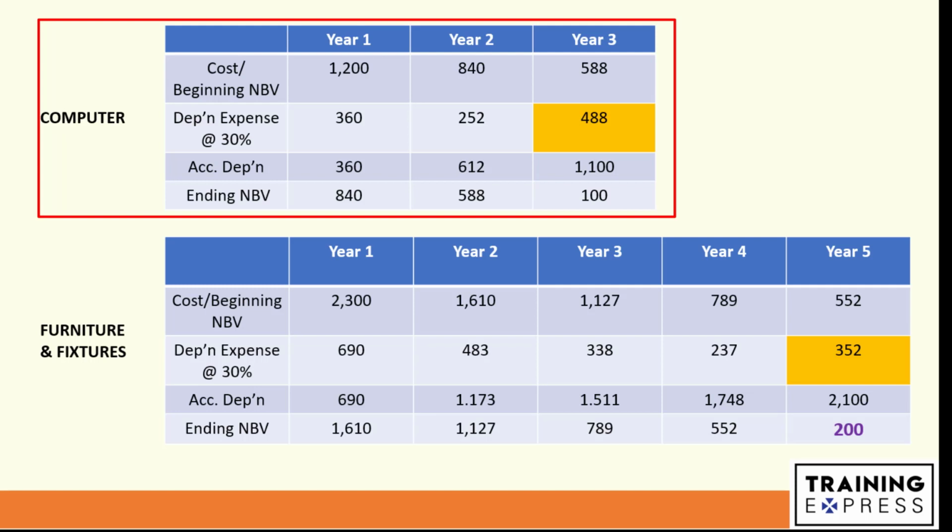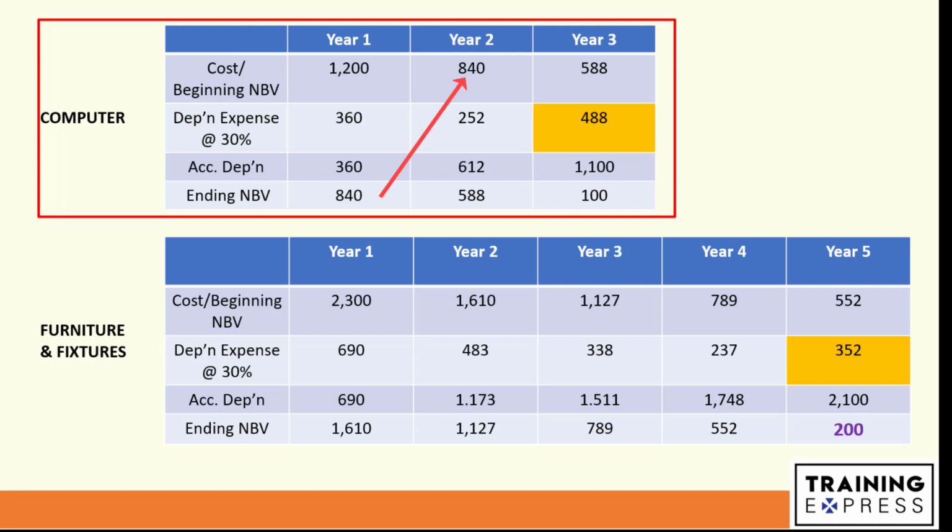So the depreciation will be $360. Accumulated depreciation, as it is first year, will be $360. And our ending net book value will be cost minus accumulated depreciation, $840. Let's move on to year number 2.